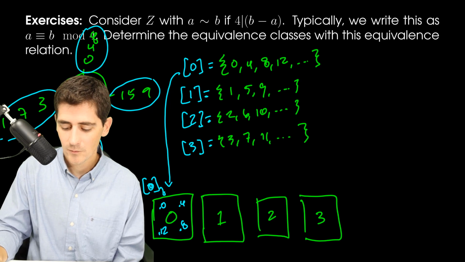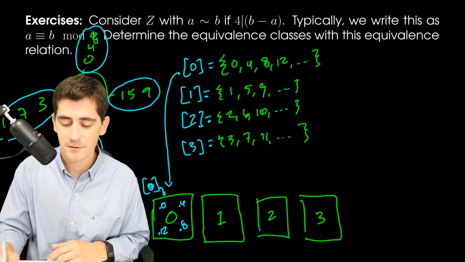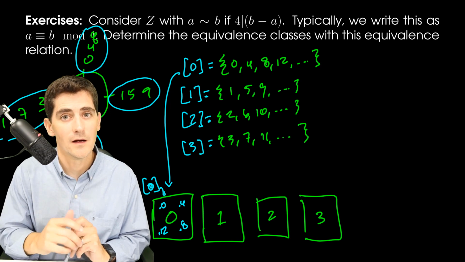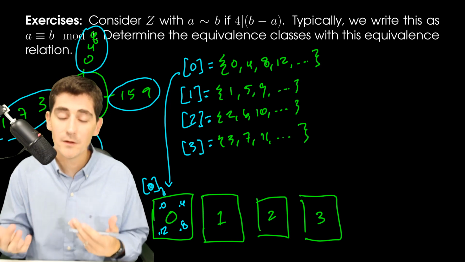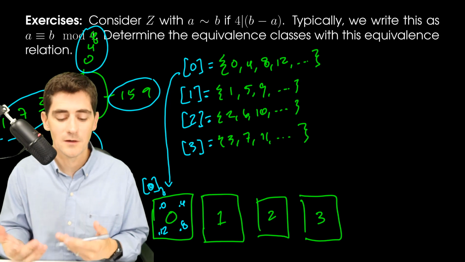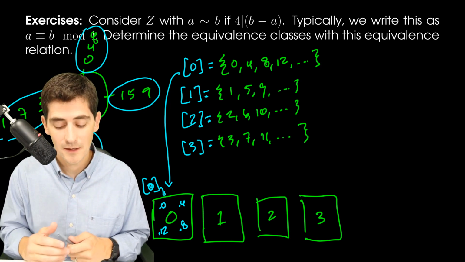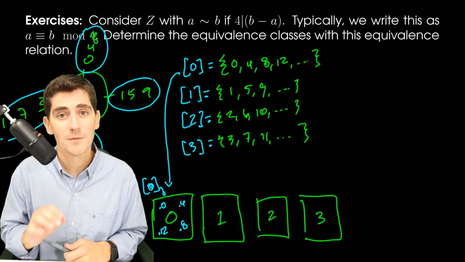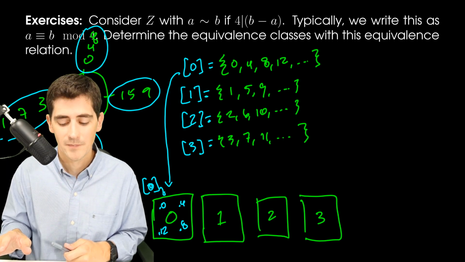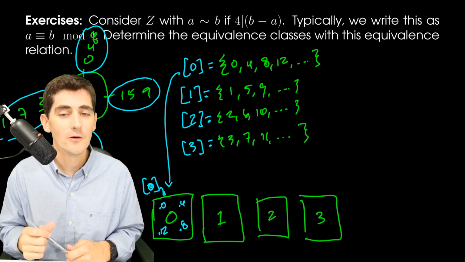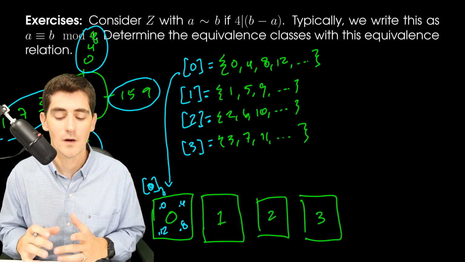And again, what you want to do is take your integers, one at a time, and put each in a different box based on its equivalence class, in other words, what it's congruent to mod 4. When I do that, I fill up each of these boxes evenly. Every integer falls into one box, and no integer falls into more than one box.